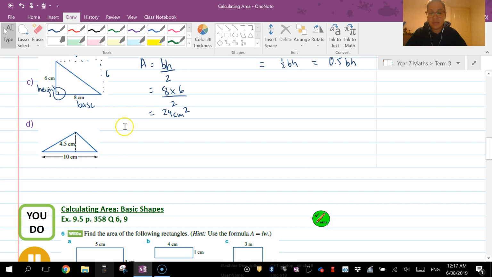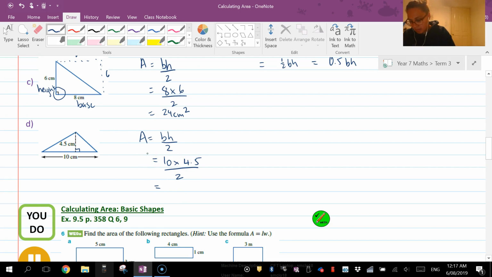And the last basic shape I'm going to show you is about the importance of that base and height. With triangles, you always want to make sure that your height is perpendicular, 90 degrees, to your base. Area equals base times height divided by 2. 10 times 4.5, divided by 2, equals 22.5 centimeters squared.